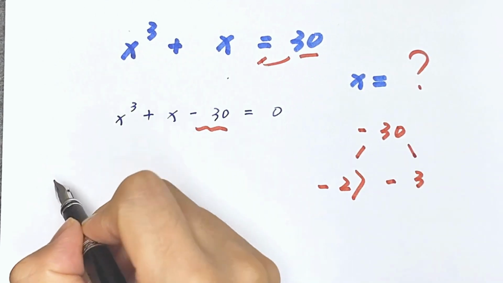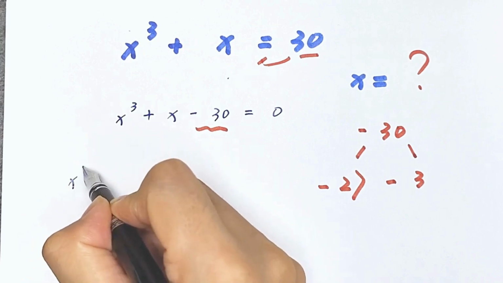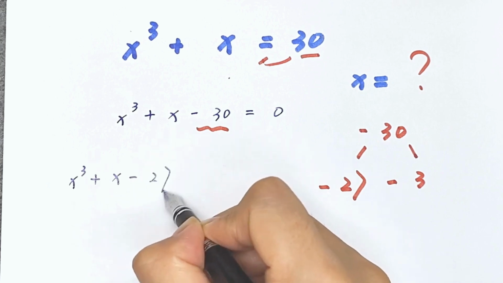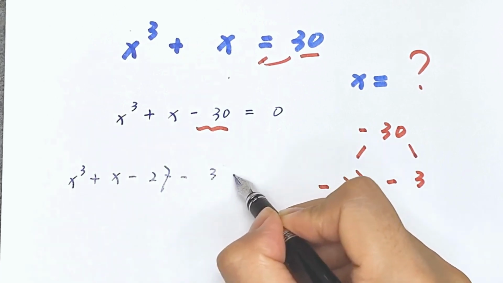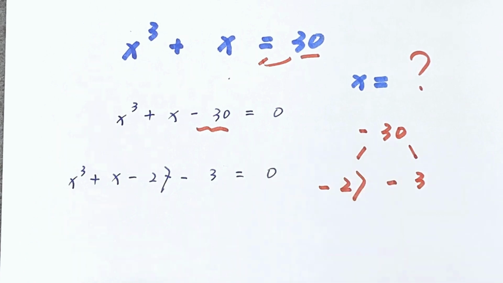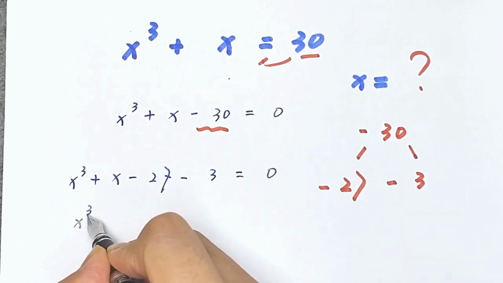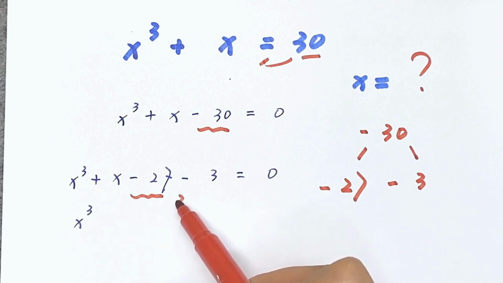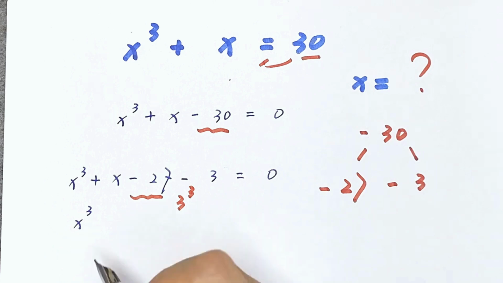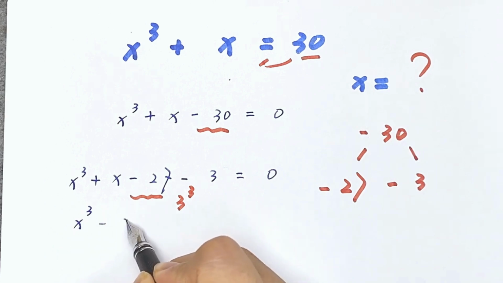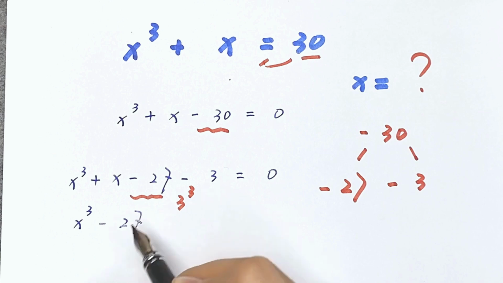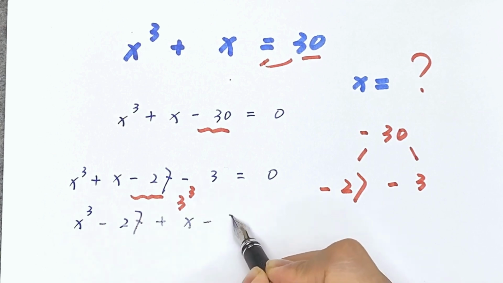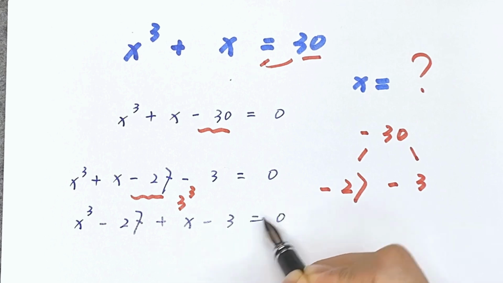So it means x cubed plus x minus 27 minus 3 equals 0. x cubed minus 27 is the same as x cubed minus 3 cubed, plus x minus 3 equals 0.